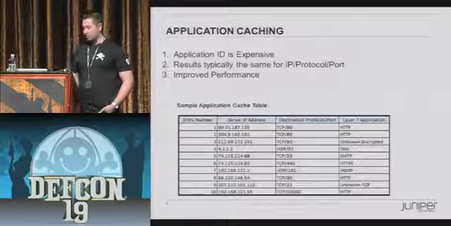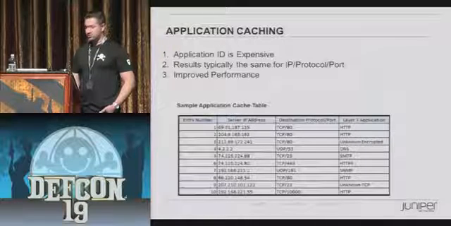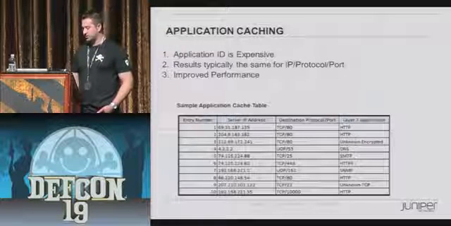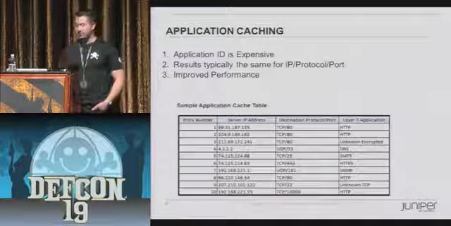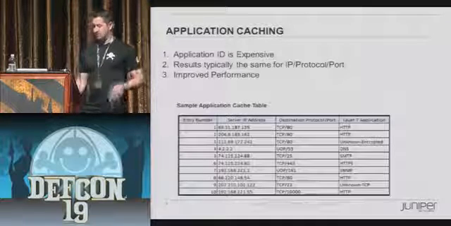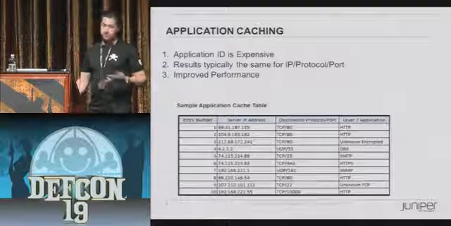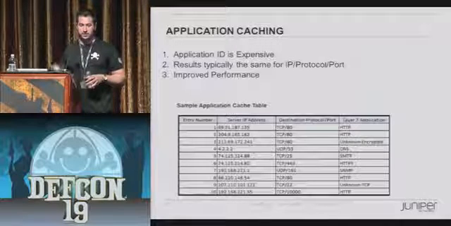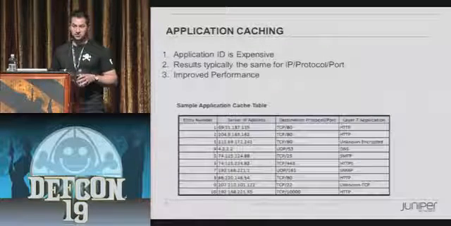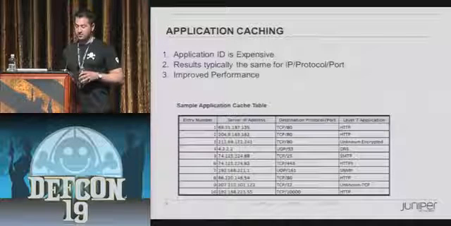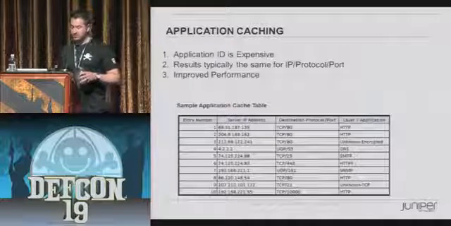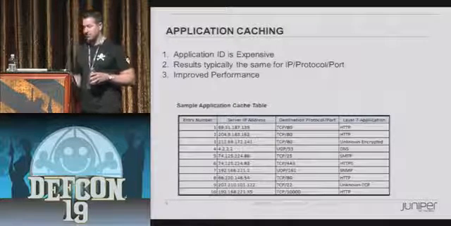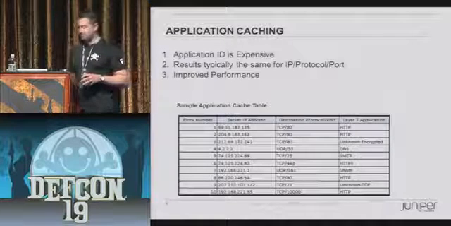One relatively new technique is called application caching, and we'll talk a little bit more about some of the limitations of it. Basically, doing AppID is expensive, or at least it's a lot more expensive than doing just your traditional layer 3, layer 4 forwarding, stateful firewall. Not as expensive as IPS, but typically, you still are going to have to do a lot of pre-processing, and then you have to do the pattern matching.